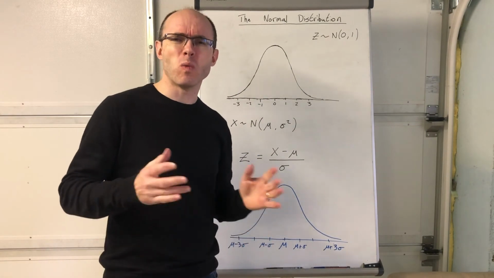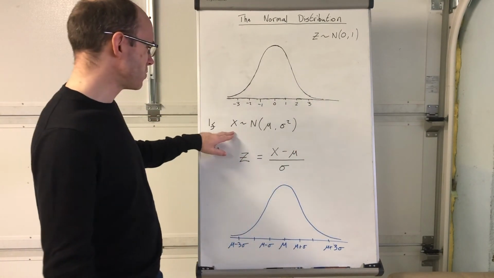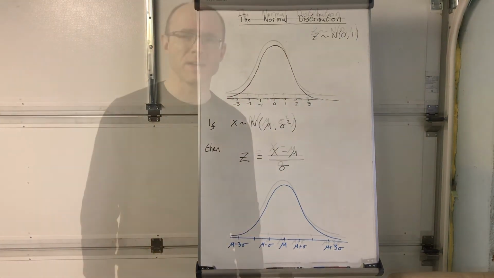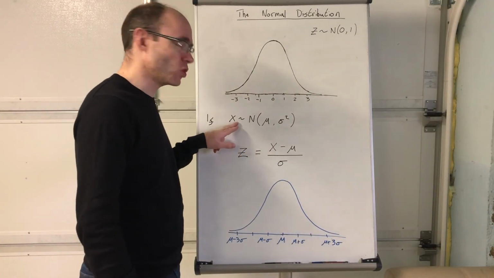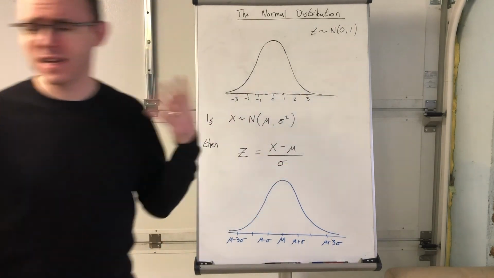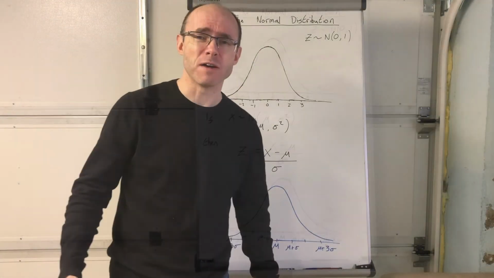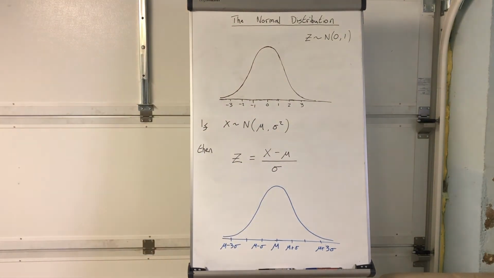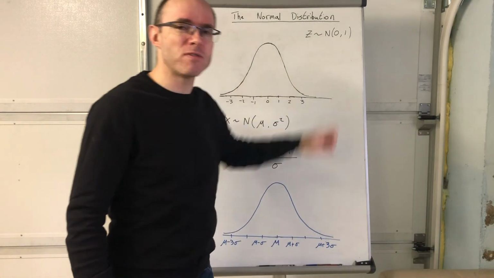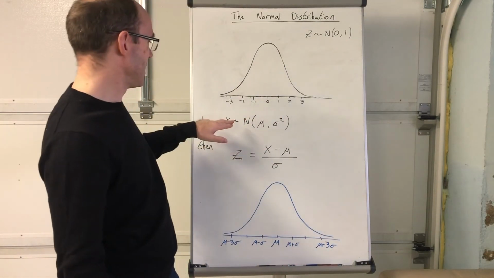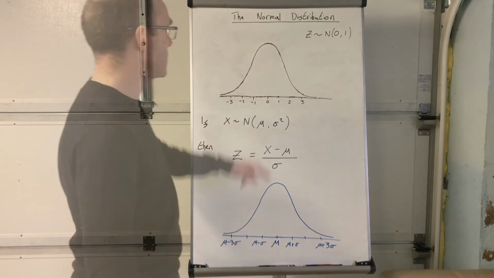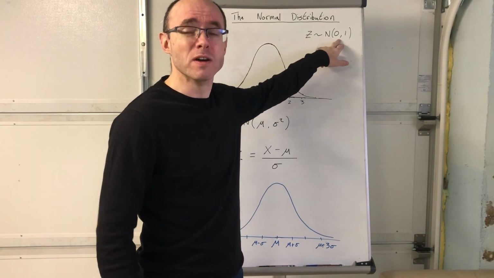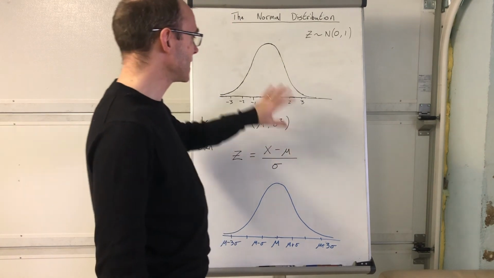Distribution. Now, why again do we need that? Well, this is what a normal distribution is. Z is normally distributed with a mean of 0 and standard deviation of 1. Variance of 1 as well, of course, and it gives us this curve.